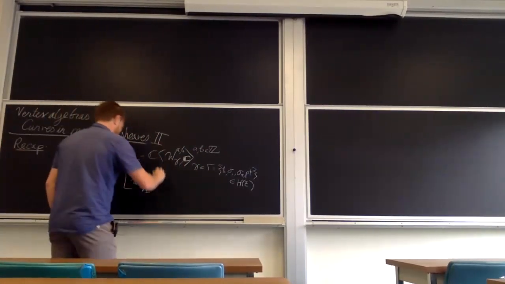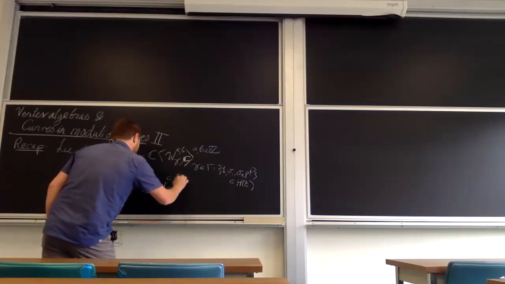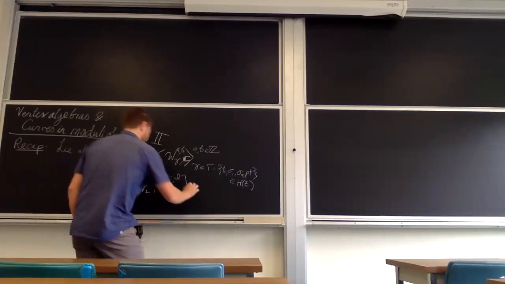I don't want it to be a regular C because here we have gamma 2. And I'm going to index the elements by this.